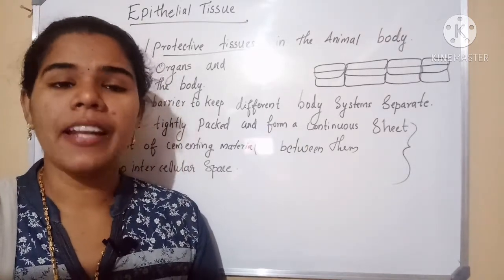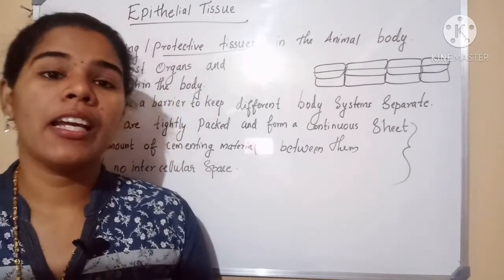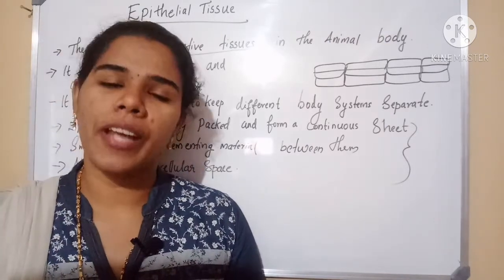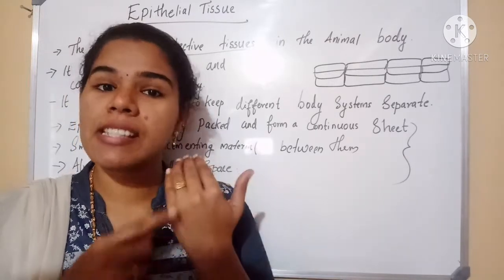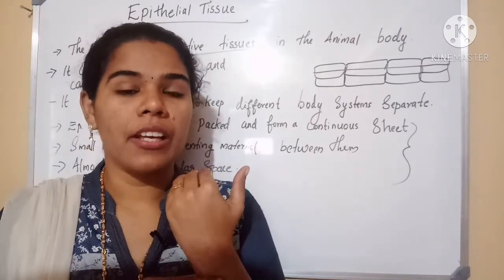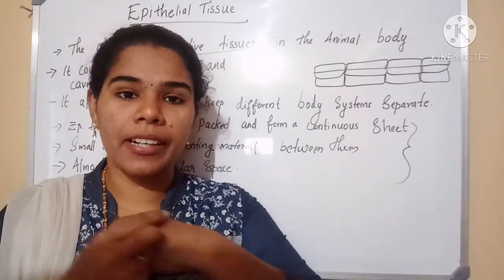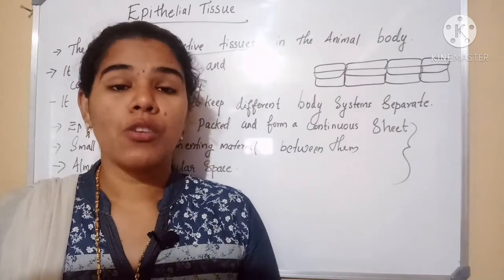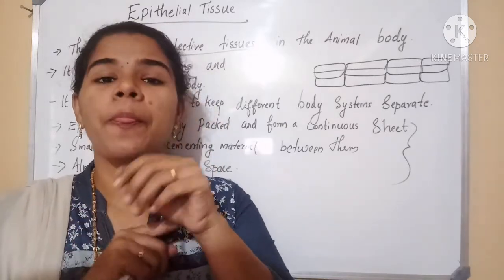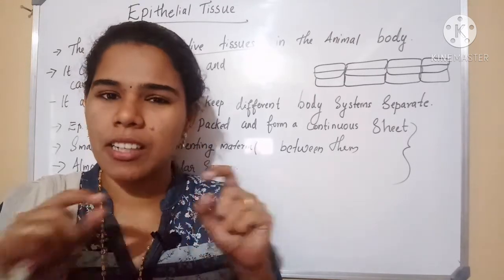According to their functions, epithelial tissue may be classified into 4 types. In some cases, especially the skin, we need additional protection. We want to protect the skin from injuries. So in the skin, the epithelial tissues are multi-layered, not a single layer.